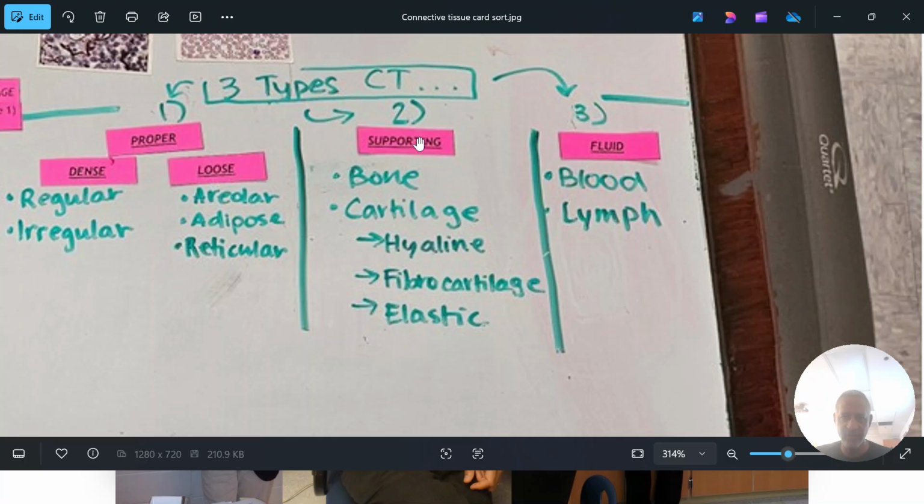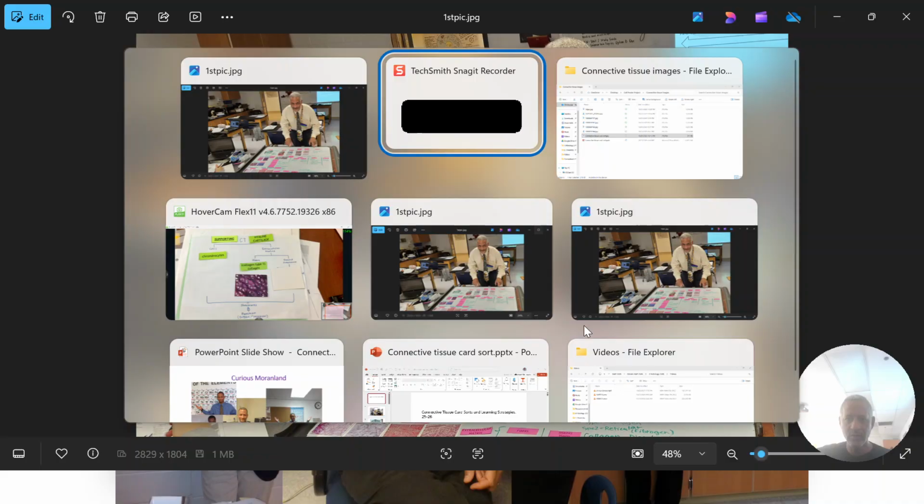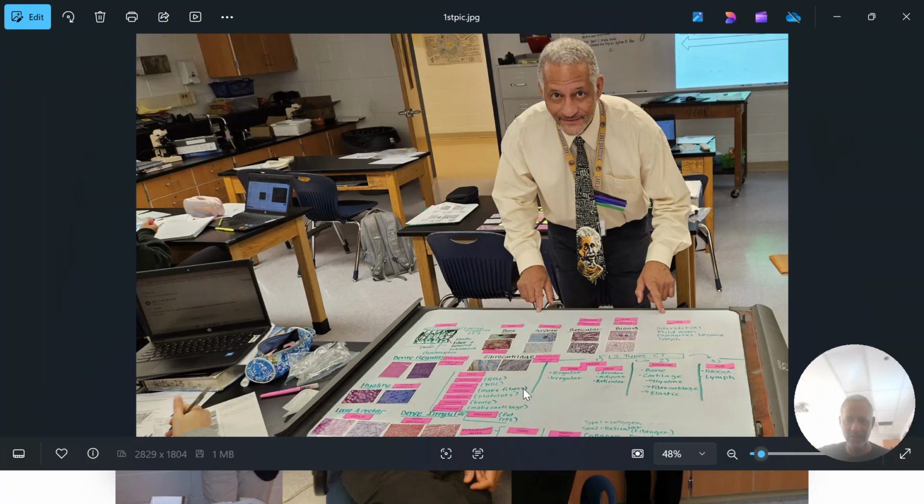Then we have supporting, which is the three types of cartilage, and then blood and fluid. We don't have bone in here, so we'll have to go back and show that. But that's the gist of it. Looking at it individually versus big picture is kind of cool.